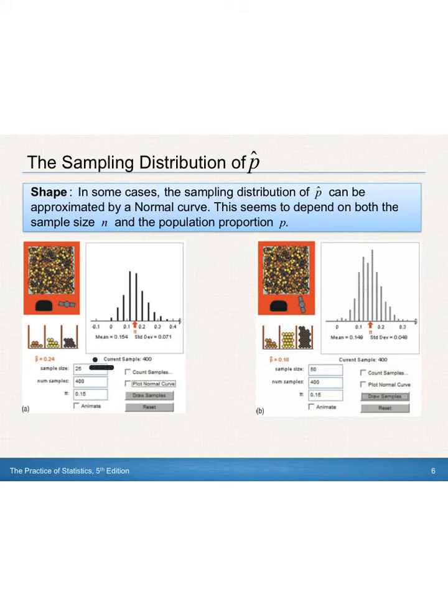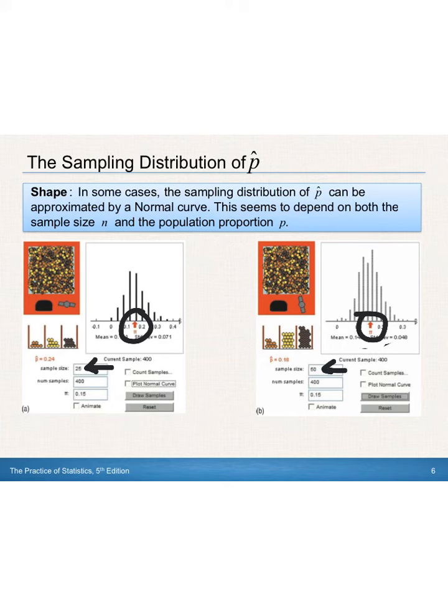It's even closer to a normal curve when you increase the sample size. It looks a little more like a normal curve when you increase the sample size. And also, because p hat is considered an unbiased estimator, the mean of the proportion p hat is going to be right there at the value of the proportion for the population.